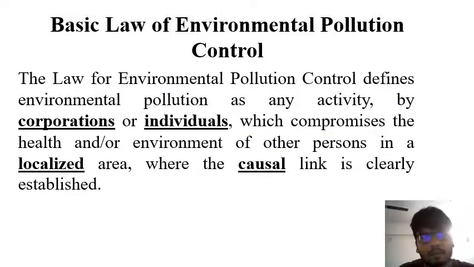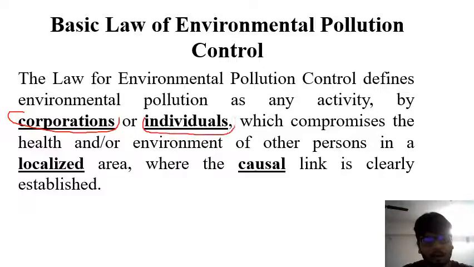Next, we will see what is the basic law of environmental pollution control. Okay, so the law for environmental pollution control defines environmental pollution as any activity by corporations or individuals which compromises the health and or environment of other persons in a localized area where the causal link is clearly established.